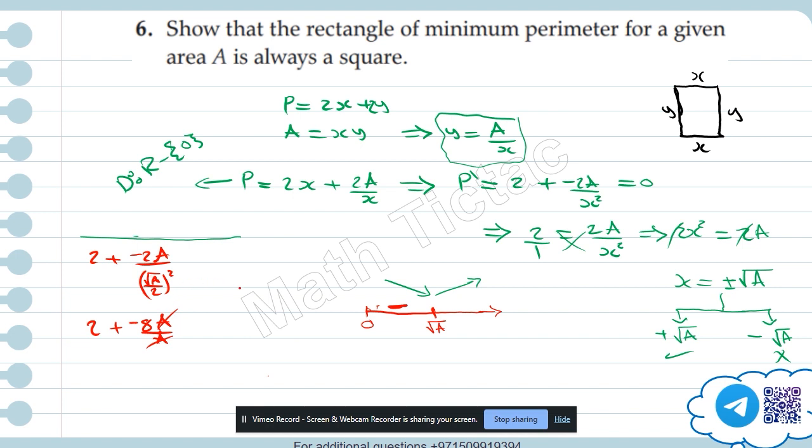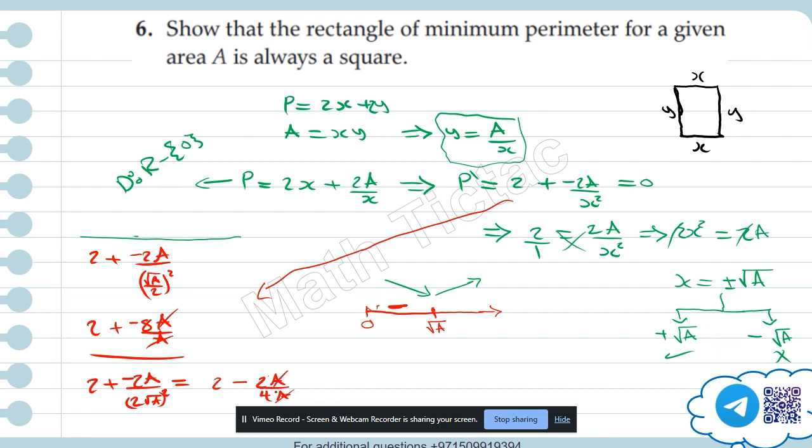Now for a value greater than square root of a, I will take 2 square root of a. Let's substitute that in the derivative. So 2 plus minus 2a divided by 2 square root of a, squared. So we have 2 minus 2a divided by 4a.